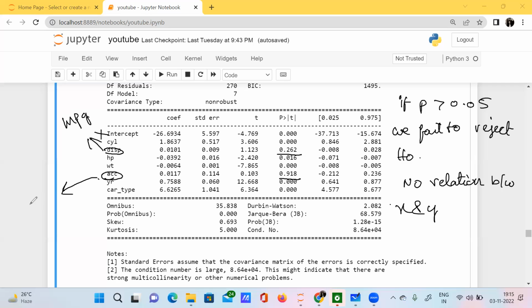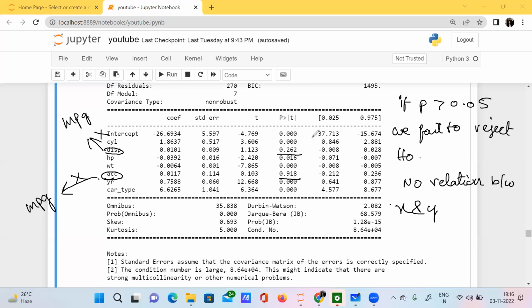And if acceleration is not a good predictor for MPG, then considering it in our machine learning model would be an absolute waste of time and efficiency. So we won't be considering these two variables in our model here, right?